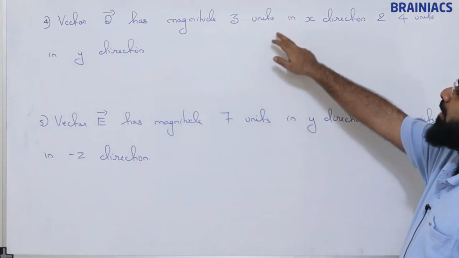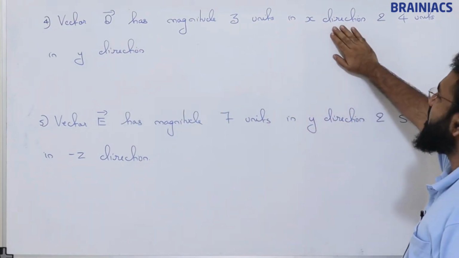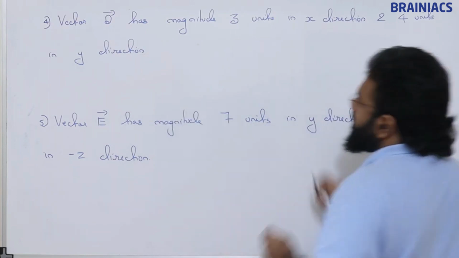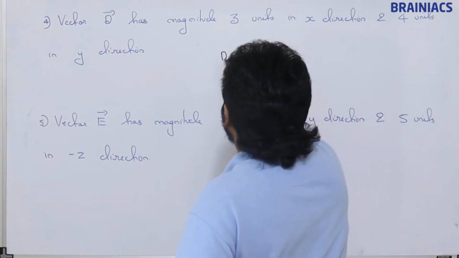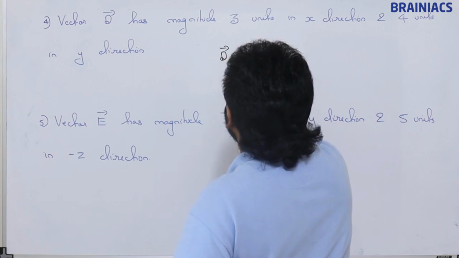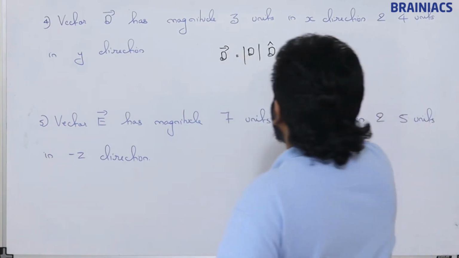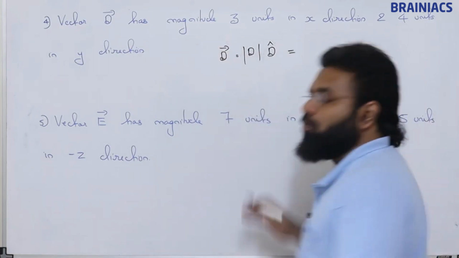Vector D has magnitude 3 units in x direction and 4 units in y direction. So vector D is equal to the magnitude of vector D into the unit vector of vector D. Here it has got 2 components.